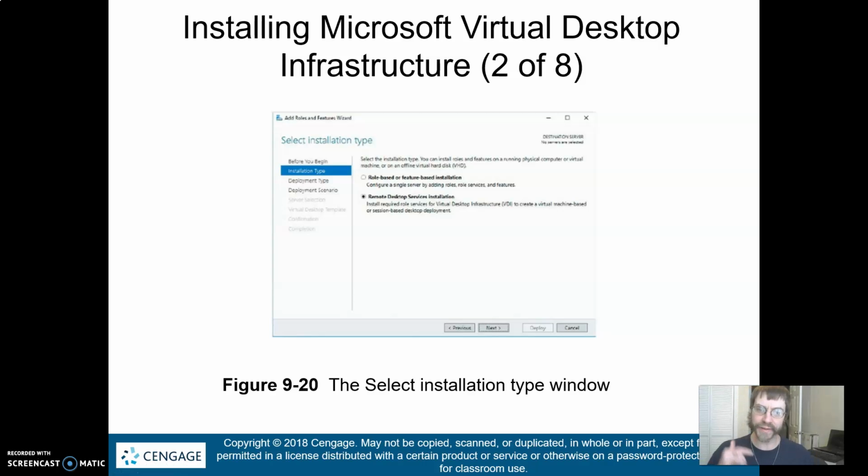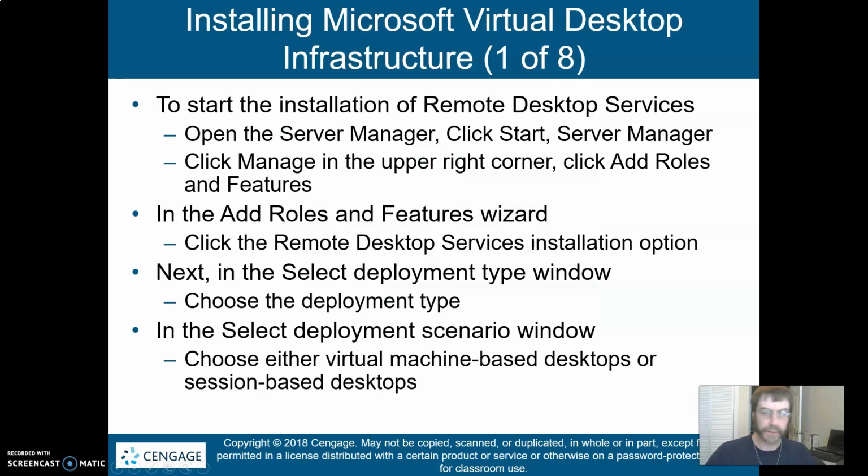But what we're going to do instead is choose a remote desktop services installation. This gives us a different workflow, a different set of options. So we're going to do remote desktop services, and then choose our deployment type.